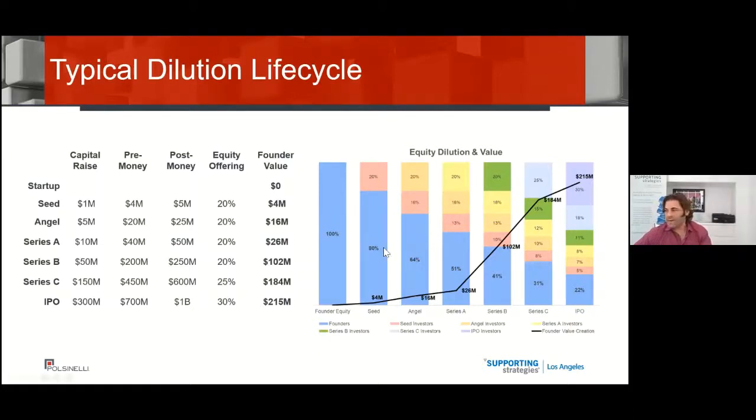Then you have that challenge where the founders have too small of a slice, and there's not enough skin in the game to attract new investment, because the investors aren't going to want to put $50 million into the business to allow you to keep growing if the founders are at risk of just walking away tomorrow because they're like, I can make more money if I just get a job at Google. So that's the risk of undervaluing your company.